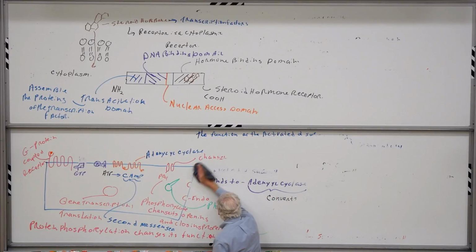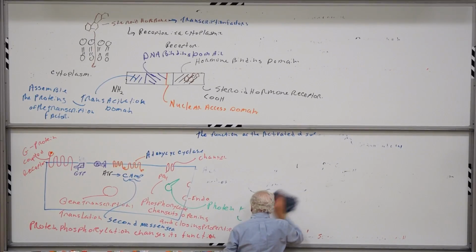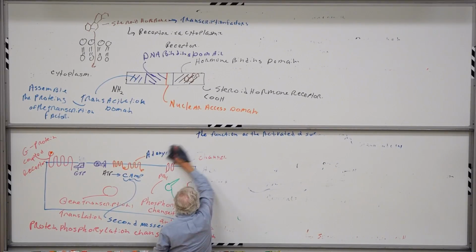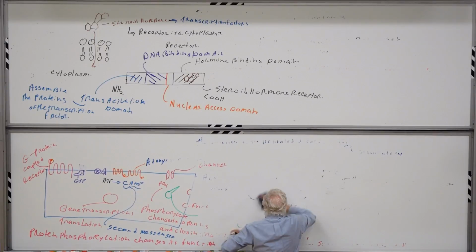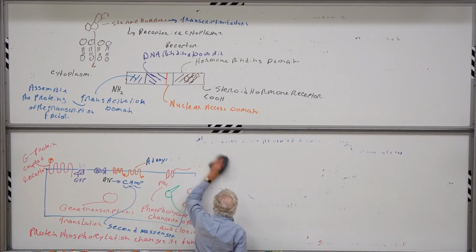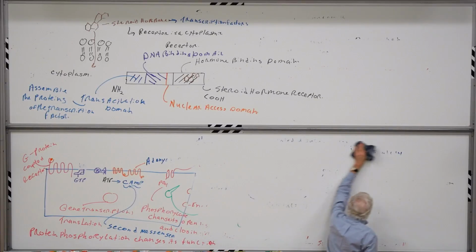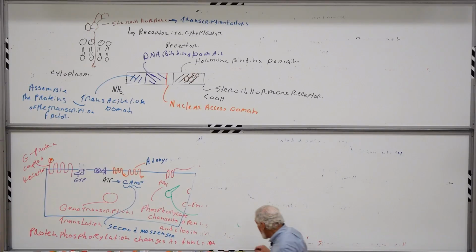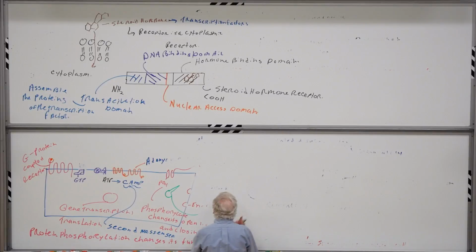We're going to draw the posterior pituitary and the hypothalamus first.